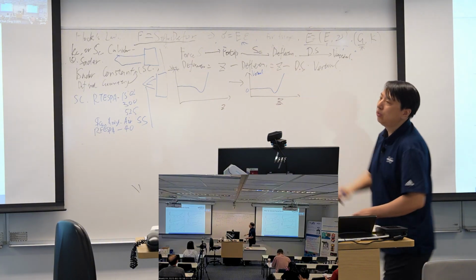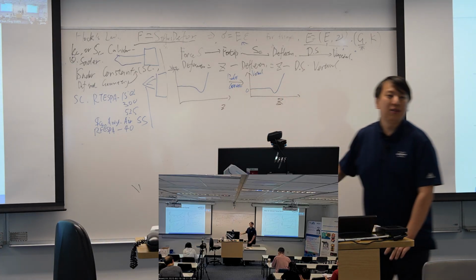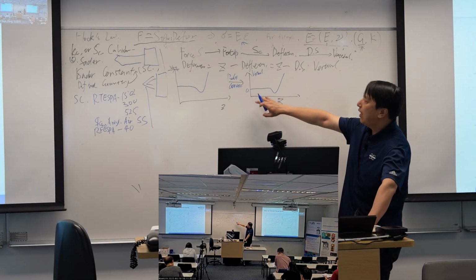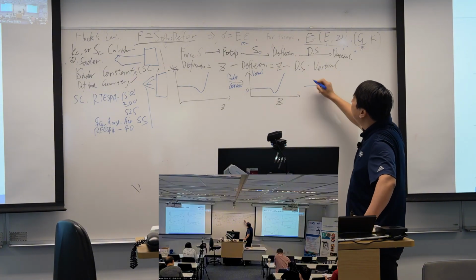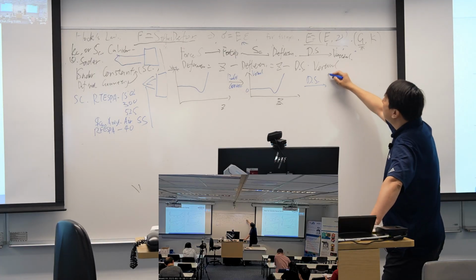The first step we call baseline correction. Of course, this is done by software, but usually it requires you to tell the software which part is the baseline. After that, we can easily apply the deflection sensitivity.